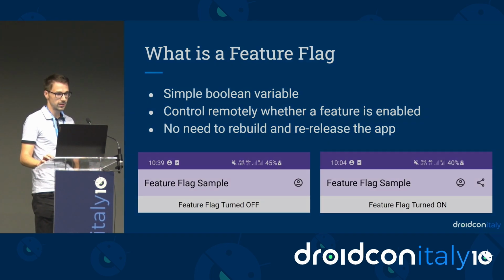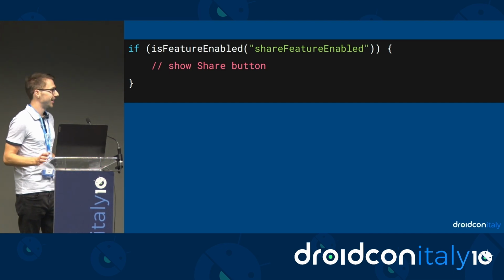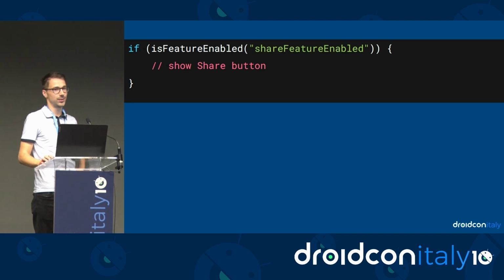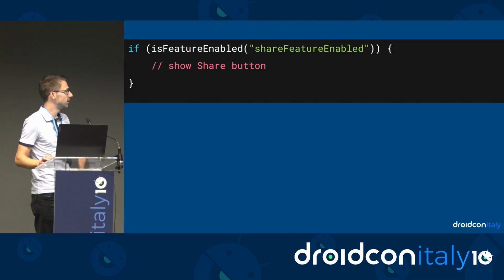In terms of code, it's basically an if statement. And I know this looks really simple, but we're going to learn later that this can be very useful, not just to you as a developer, but to the entire company and product. Here in this example, the string is actually the name of the feature flag, so it's called share feature enabled.